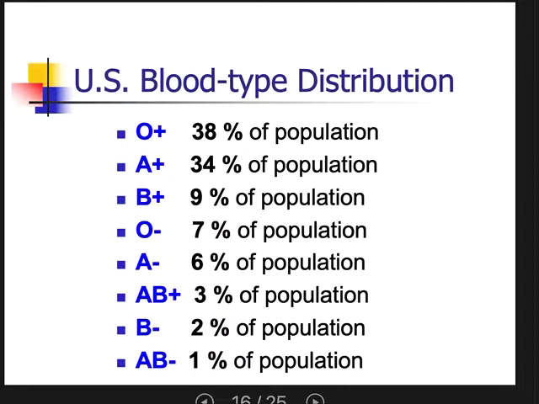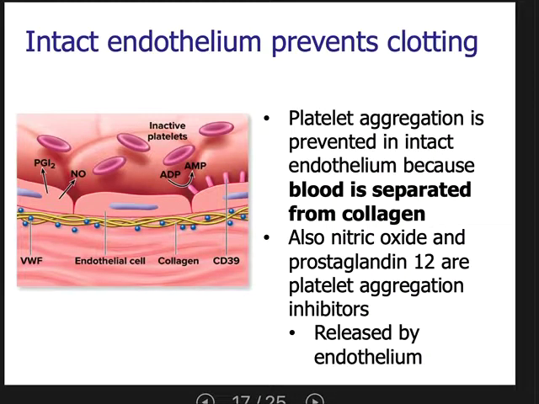Okay, moving on. Blood clotting. Before we can talk about the process of blood clotting, we need to talk about why you don't normally form clots. When you have the vessel wall intact, we say intact endothelium prevents clotting, and it does this in a few ways. If it's intact, the collagen right below it is not coming in contact with your red blood cells or your platelets.